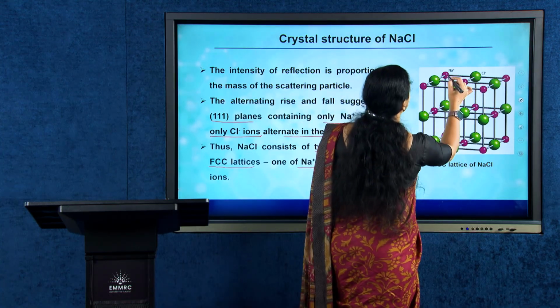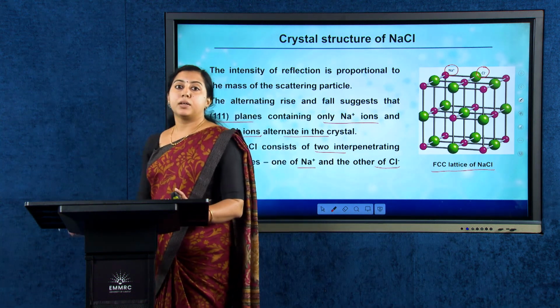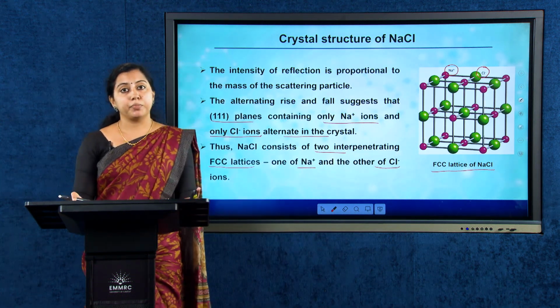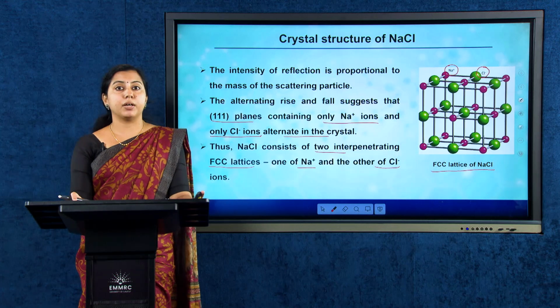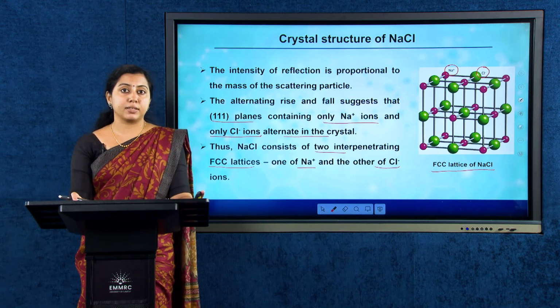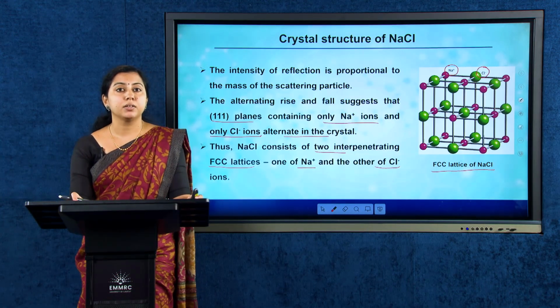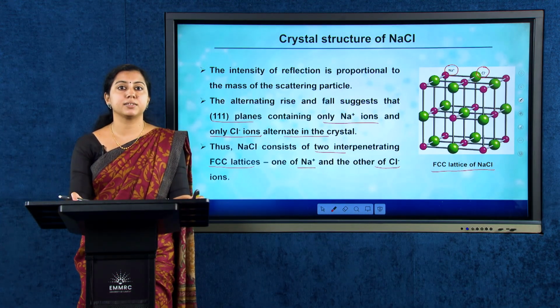We have the pink balls represented as the smaller Na plus, and the green balls represented as the bigger Cl minus ions. So, this is the FCC lattice of sodium chloride. Thus, from the X-ray diffraction data, you can identify to which cubic lattice a particular crystal belongs and also the nature of that particular cubic lattice.